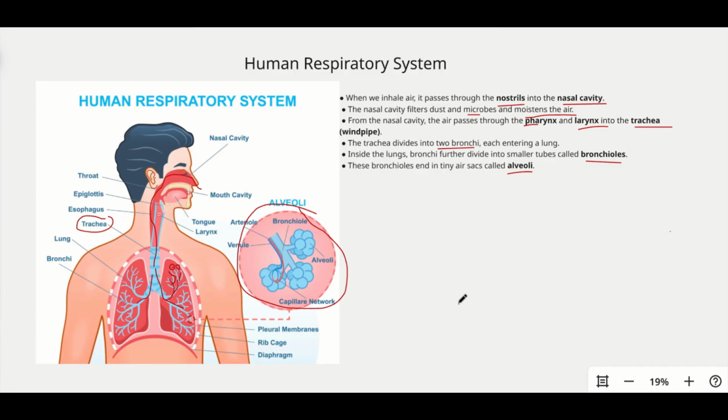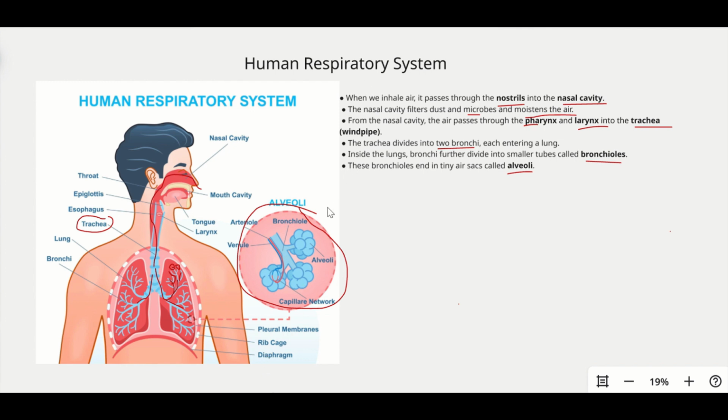Then in aerobic and anaerobic respiration, as a byproduct, CO2 is released. That CO2 also gets dissolved in the blood, so that CO2 will be exchanged here. The CO2-rich blood will become O2-rich blood once it has passed through the lungs. We will learn more detail in double circulation.